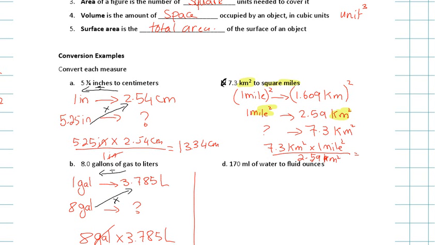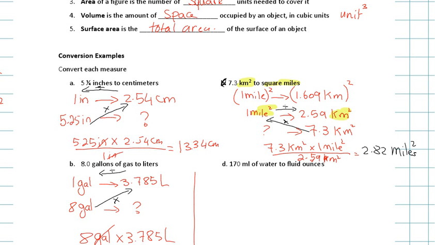2.82, and that would be square miles. One thing I didn't get: where does that 2.59 kilometers squared come from?